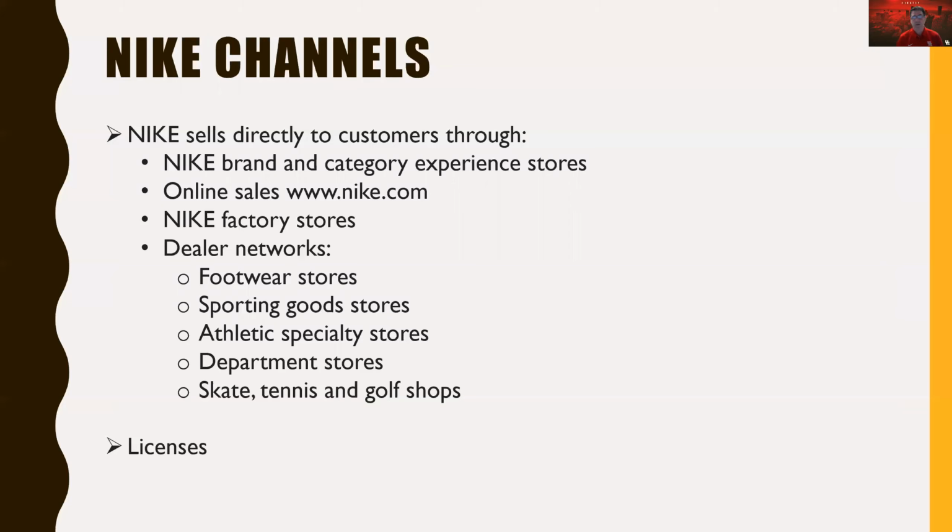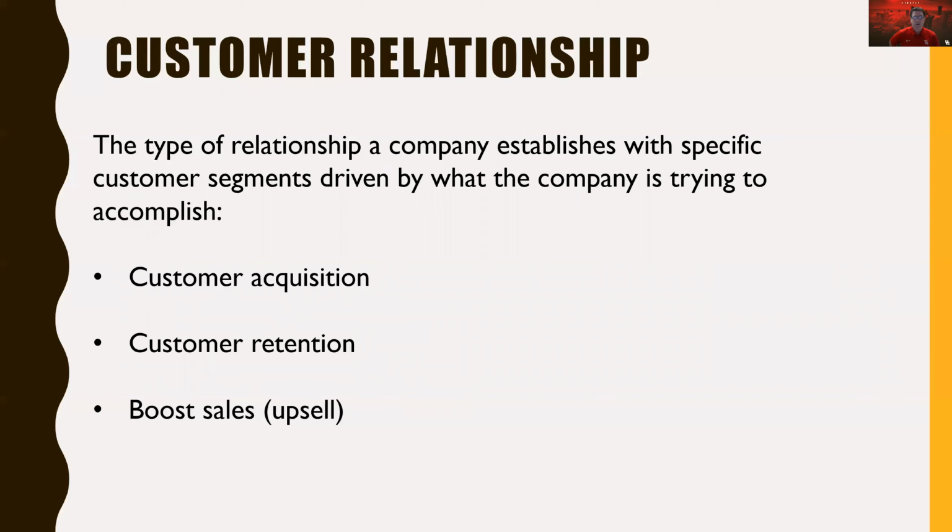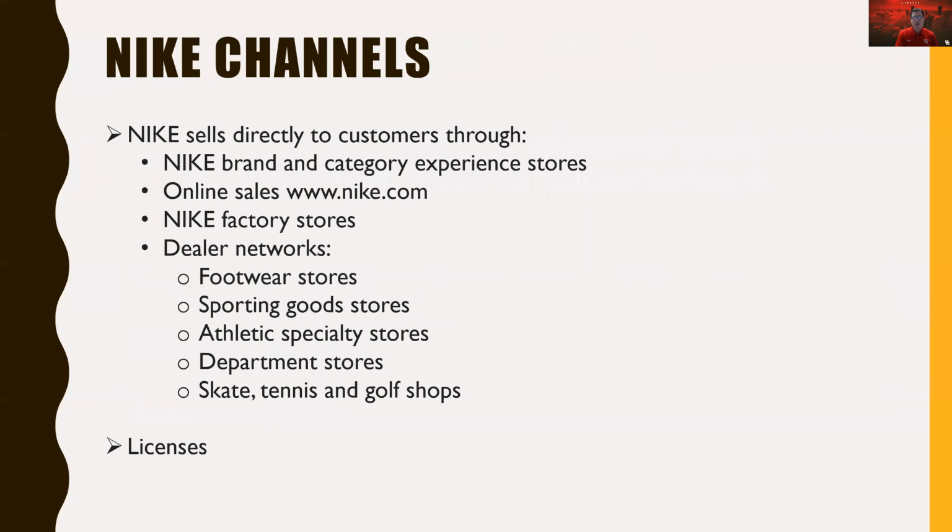Dealer networks, indirect. Licenses, because they allow other people to put Nike's license on their product. And so forget the word directly here. This is actually how Nike sells to customers, okay? So you can see all the different channels that they have. And remember, all of these channels, Nike's had to think about for each one of them, how am I making sure I'm communicating properly to my customer?